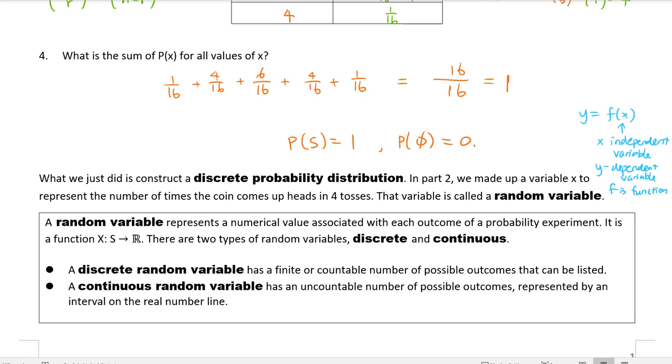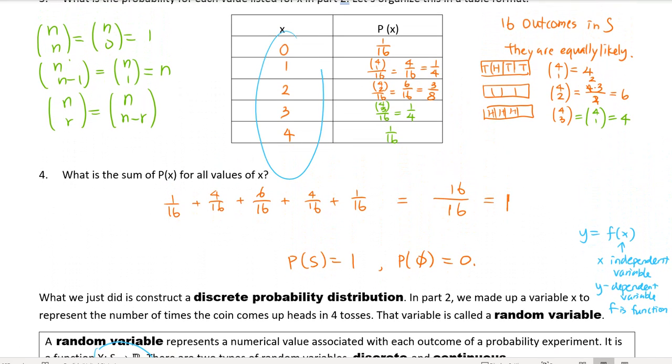So here the x is actually a function. A function maps from S to R. Okay, so that's why here we get x 1, 2, 3, 4. So those are numbers in the real numbers, right?